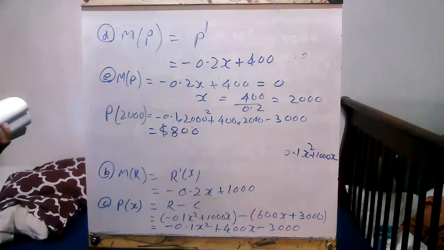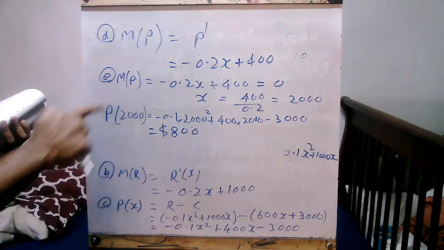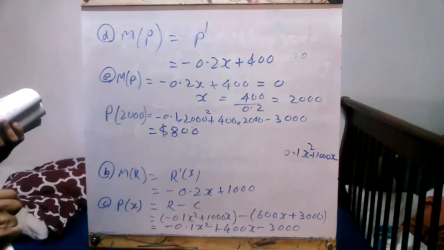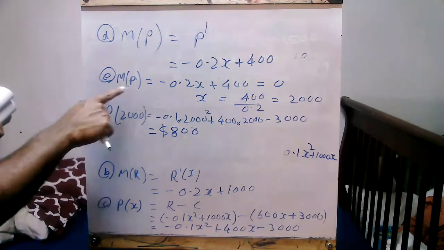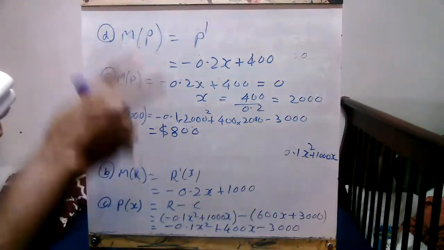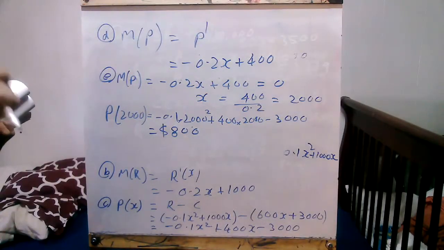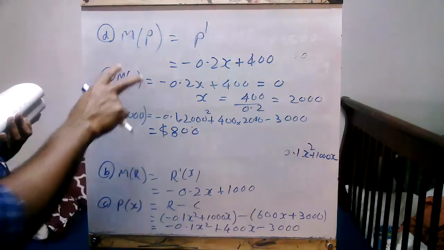Here understand the difference between marginal profit and profit. Marginal profit equal to 0 does not mean profit equal to 0. Remember the definition. Marginal profit means producing the x plus first item, right?